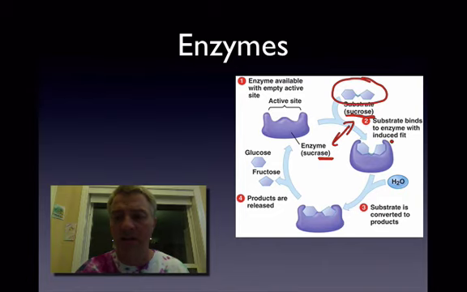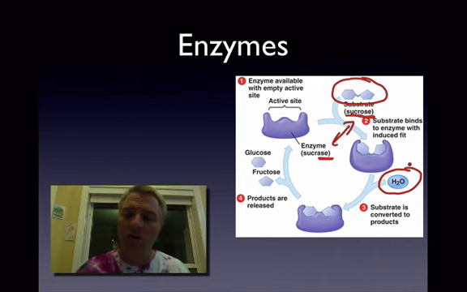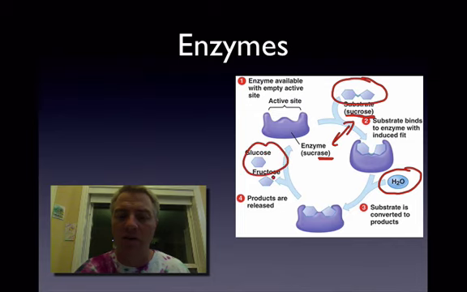It's like a lock and key, like we said. We're going to add water to the whole process, and when that happens, that enzyme will break the bond in that sucrose. If you remember, sucrose is a disaccharide, so it's going to break that disaccharide into two monosaccharides, glucose and fructose here.